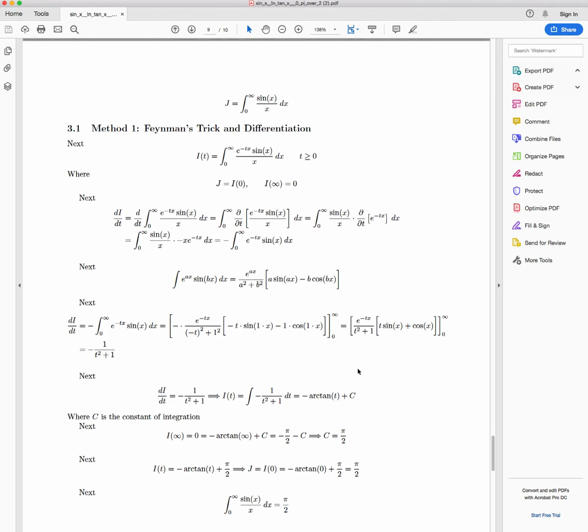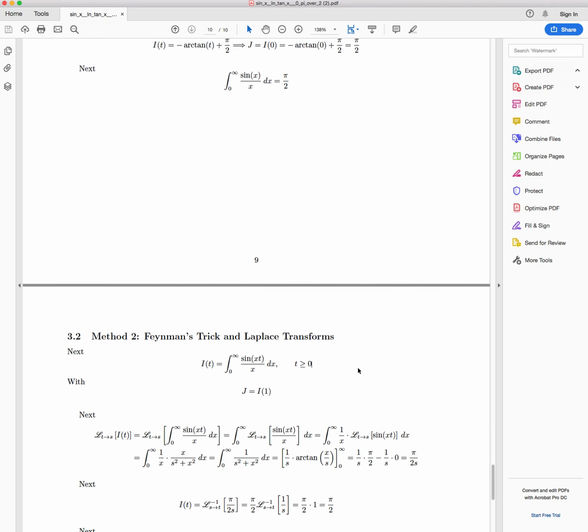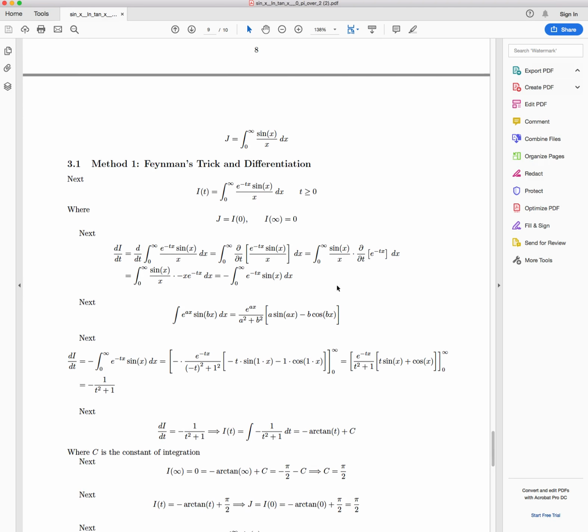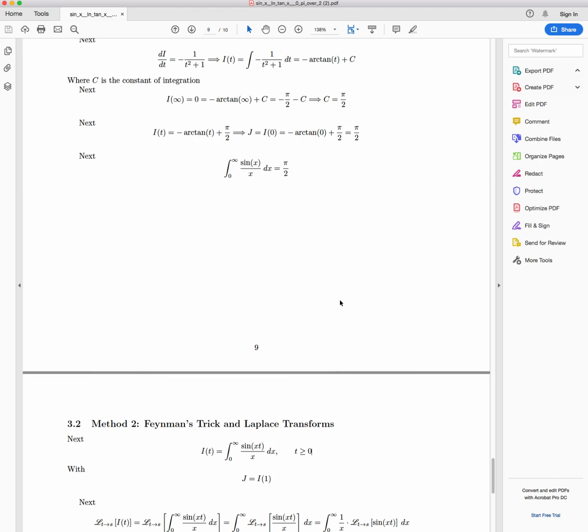The reason why I provided two different methods is because I want you to know that when it comes to Feynman's trick, you're not isolated to differentiation or Laplace transforms. You can think of any sort of operator that you can apply to an integral and then evaluate it. Generally you're applying it to the integrand. You can then evaluate that transformed integrand, and then you take the inverse operator in order to resolve it.